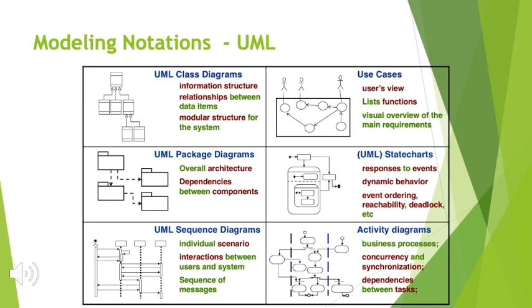And then the last one is the activity diagram. It contains the business process, the concurrency, and the synchronization, and it also shows the dependencies between tasks. So these are all modeling notations.